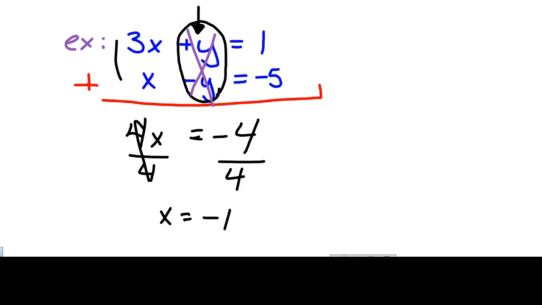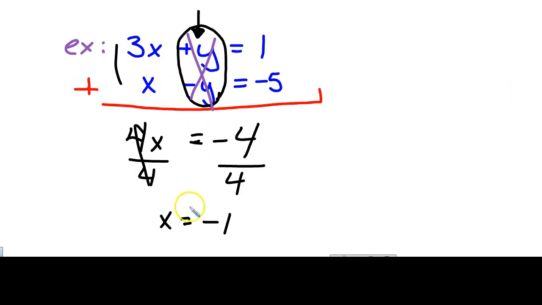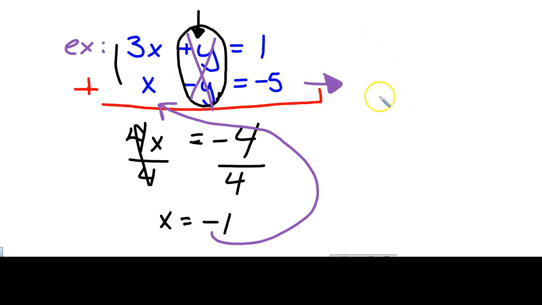After you get done with this part in the process of elimination, we're going to take the value that we found for x and take it back up to one of these equations. I'm just going to pick the second one. We're going to substitute it in order to solve for y. So if x is negative 1, what is y in this second equation?